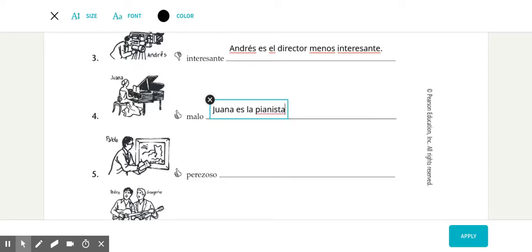Now, instead of saying más o menos, we're going to say that she is the worst. All right. Now, I know it says thumbs up, but the word is malo. So it's not the least worst. This is the most worst. So in Spanish, it's peor. Es la peor pianista. She's the worst pianist.